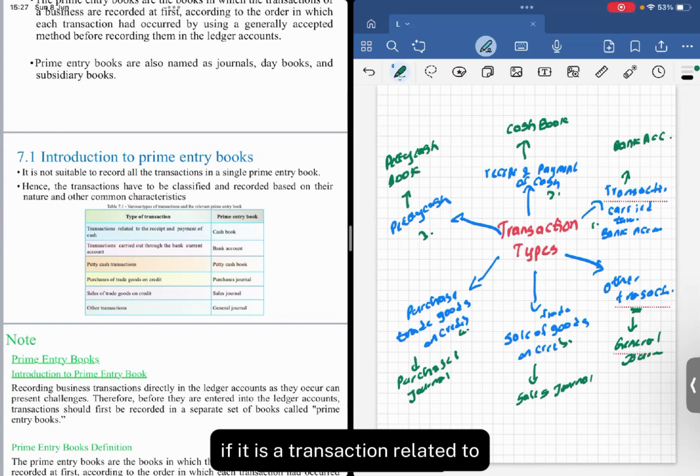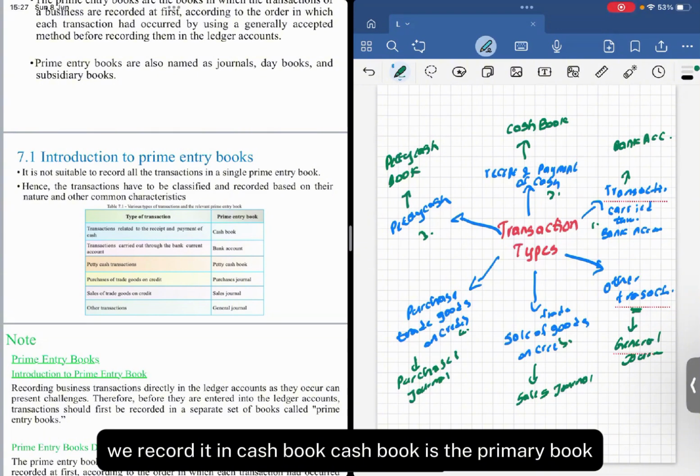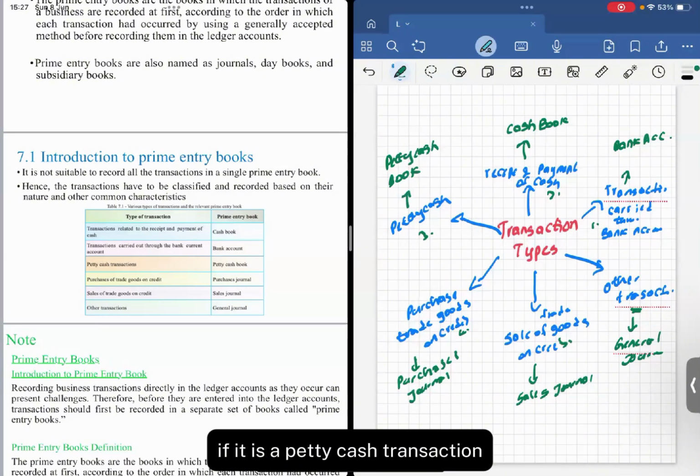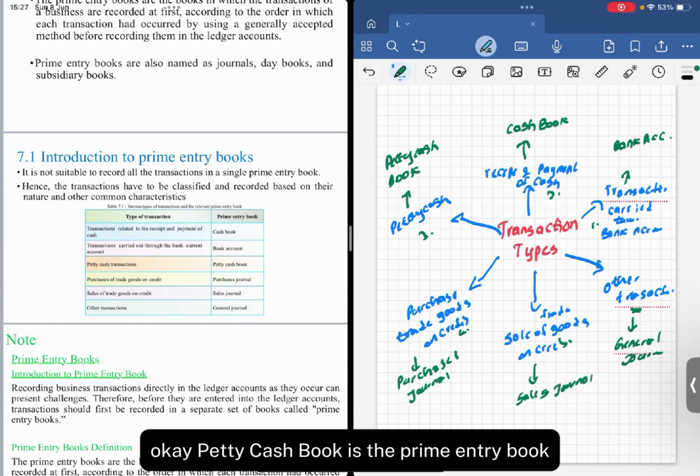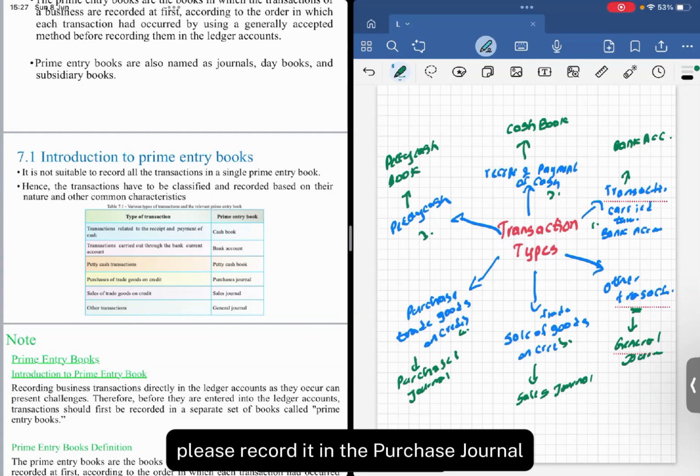If it is a transaction related to receipt and payment of cash, we record it in cash book. Cash book is the prime entry book. If it is a petty cash transaction, we record it in petty cash book. Okay, petty cash book is the prime entry book. If it is a purchase of a trade good on credit, we record it in the purchase journal. Purchase journal is the prime entry book.